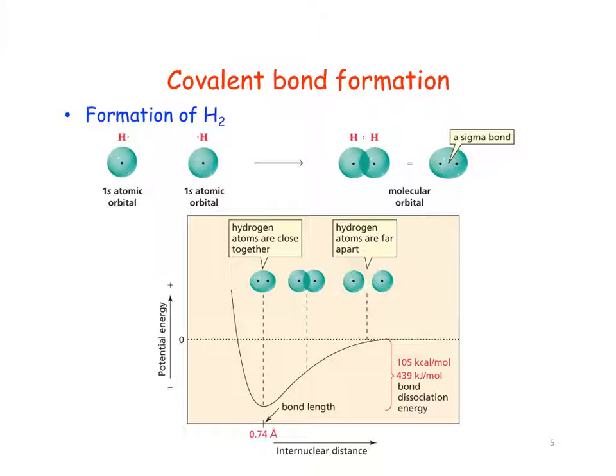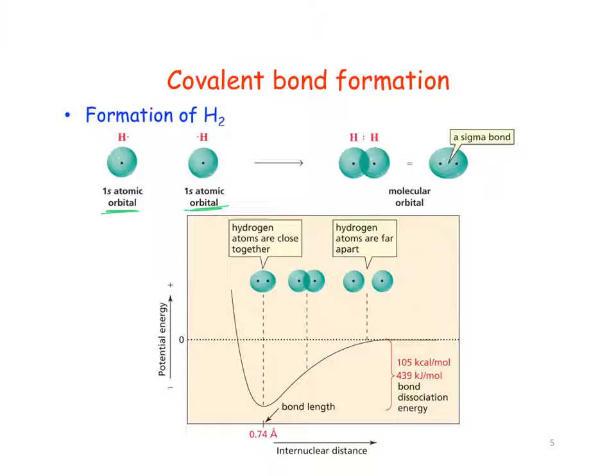Before we get into that exactly, let's think a little more about what happens when we form a bond, and bond lengths and things like that. When we form a bond, we're going to bring 2 atoms together. Here we have just 2 hydrogen atoms. They each have their single electron.